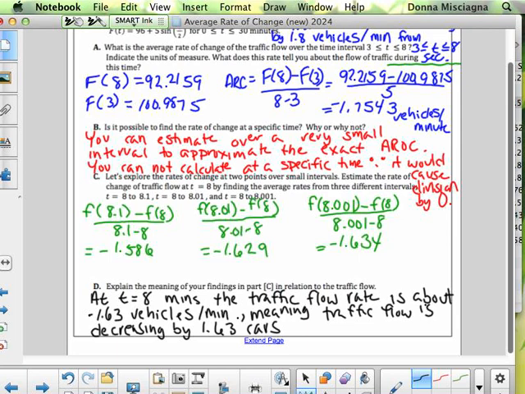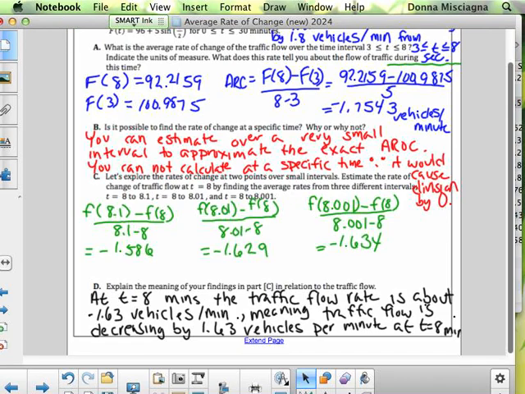Same values. 1.63 cars per minute. Oh, excuse me, vehicles per minute. At t equals 8, it was seconds, wasn't it? Or minutes? Minutes. Trying to remember my units.